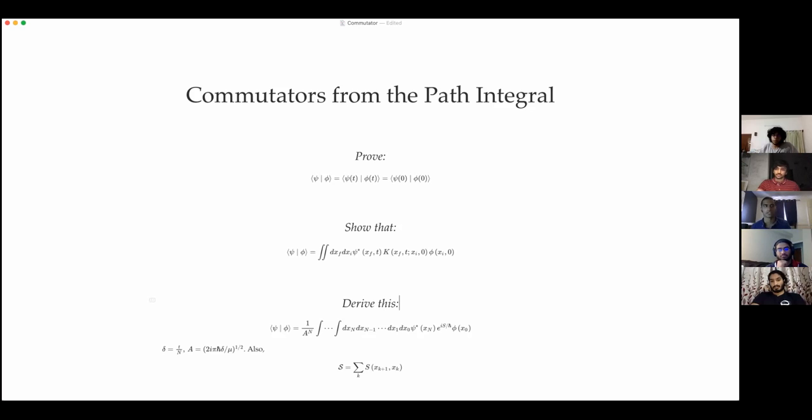Their lack of commutation is captured by Planck's constant times i. Whereas the path integral is just a sum over paths weighted by the exponential of the classical action. So let's see how you can get one from the other.